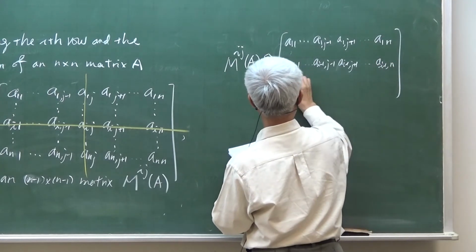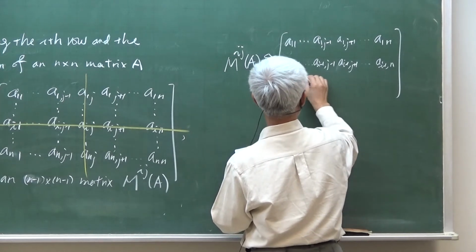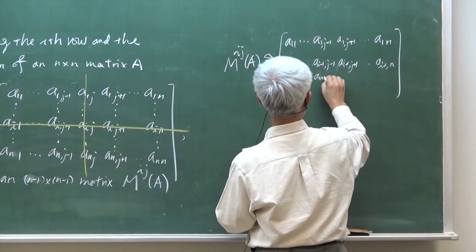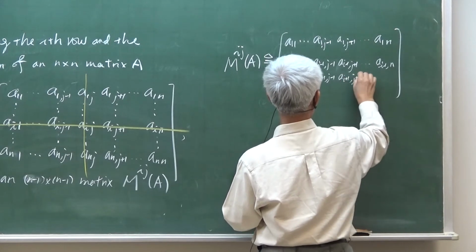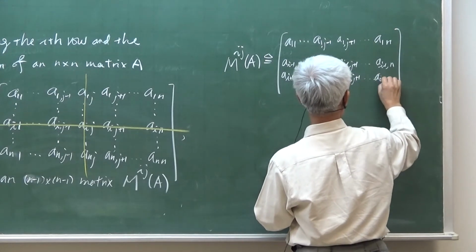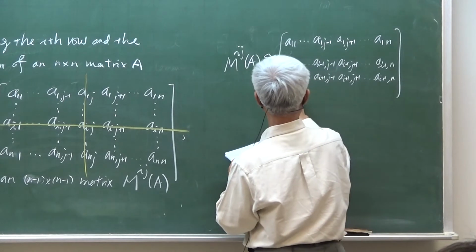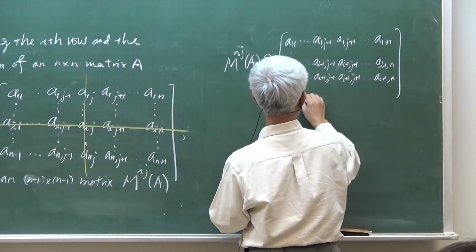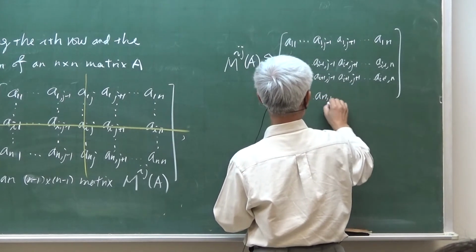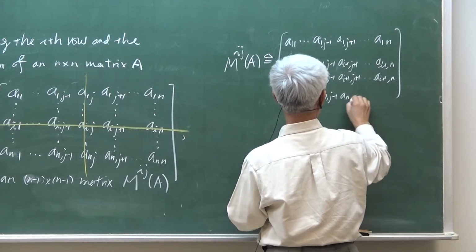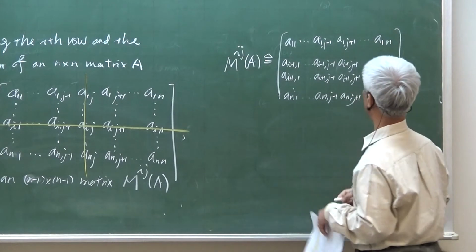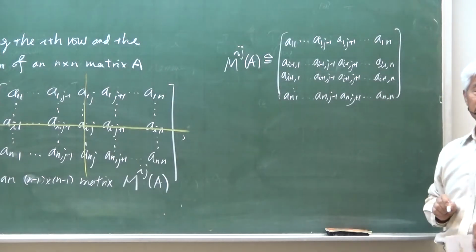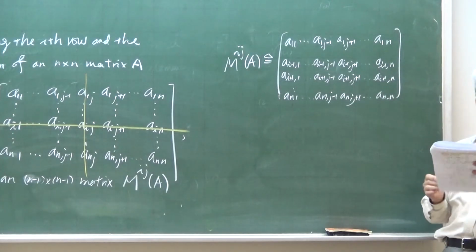The next one is A(i+1)1, A(i+1)(j-1), A(i+1)(j+1), A(i+1)n, and the last row An1, An(j-1), An(j+1), Ann.